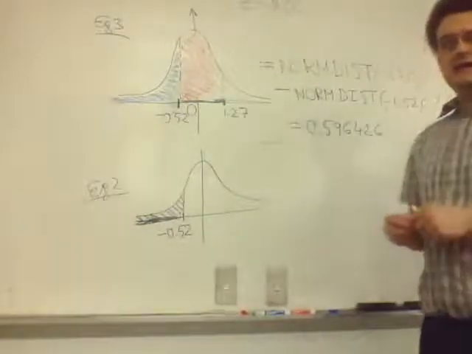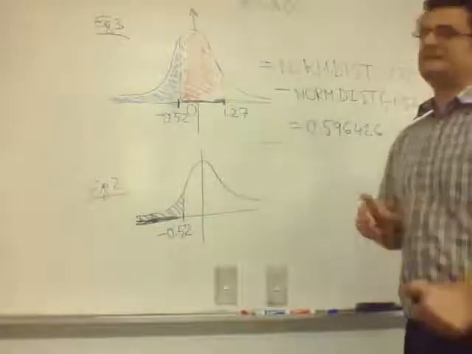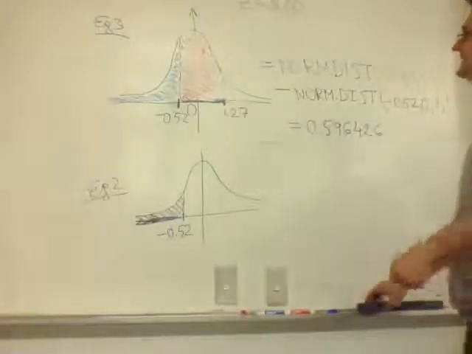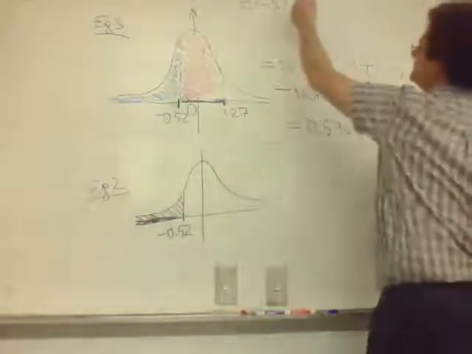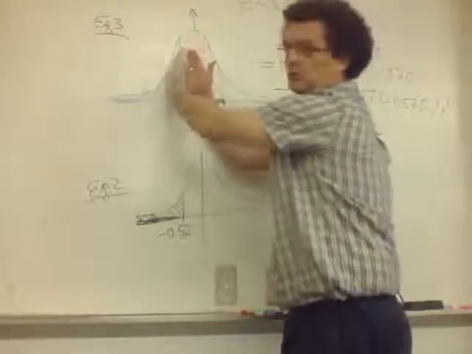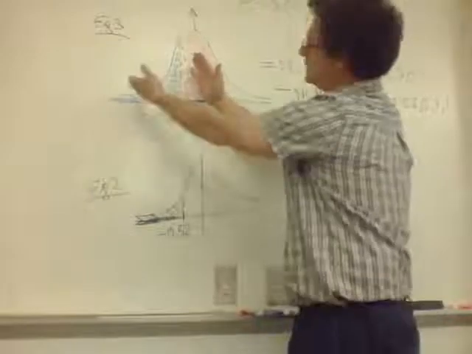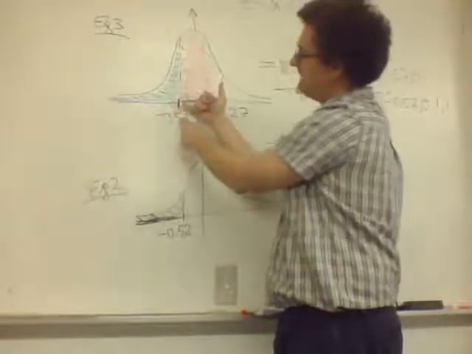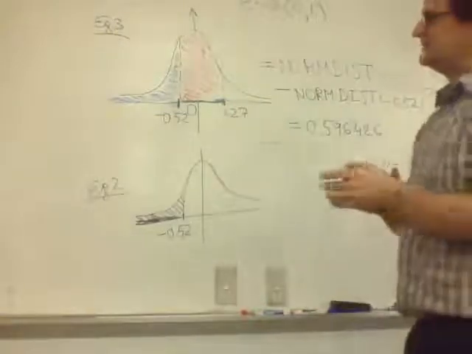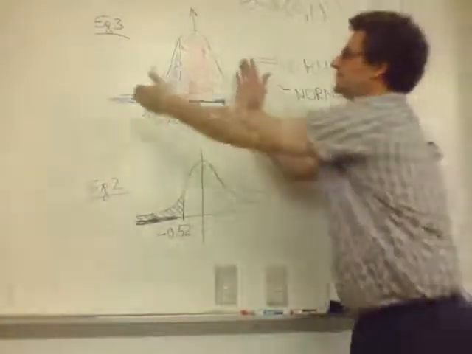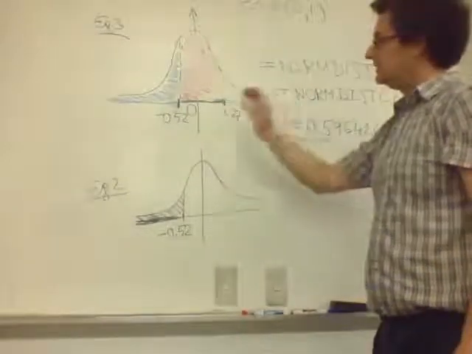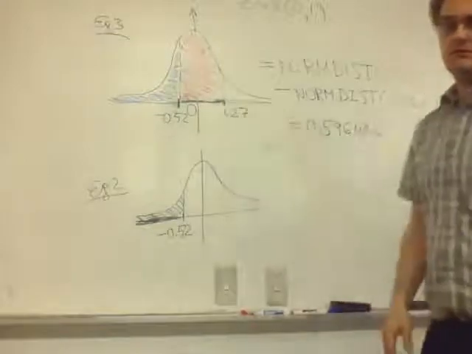Now, in MyStatLab, you also have tables. There is a Z table, a table for the standard normal distribution for negative values. So for blue areas, when you have the cumulative distribution up to some negative value, okay, and you also have a table for cumulative distributions up to some positive value, okay.